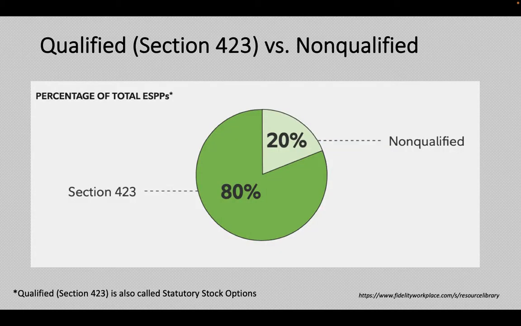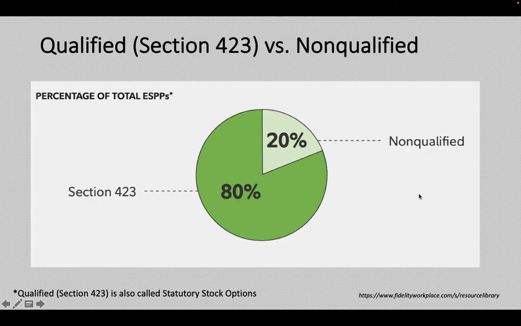So this is actually from online. You can see for all the ESPP plans out there, 80% of those plans are under section 423, and only 20% are non-qualified.